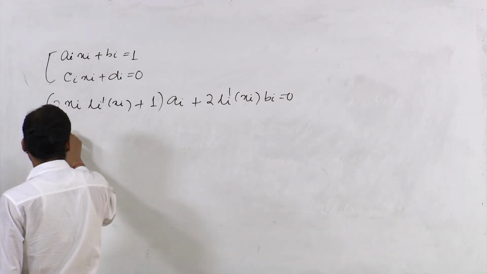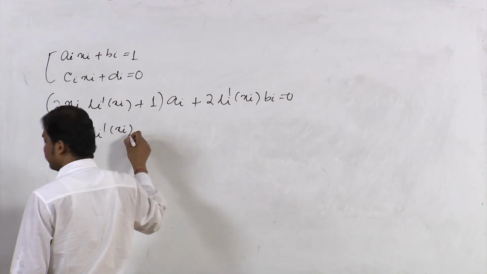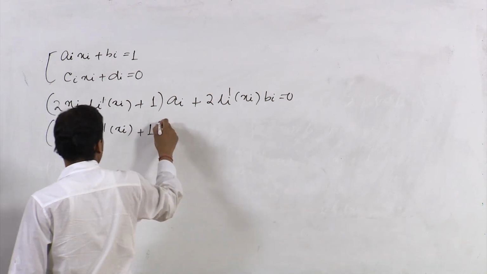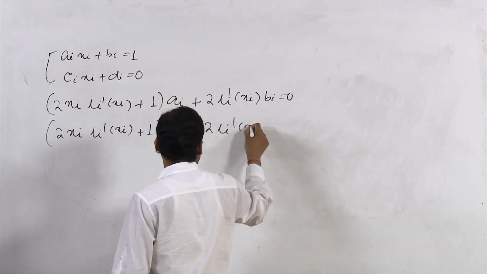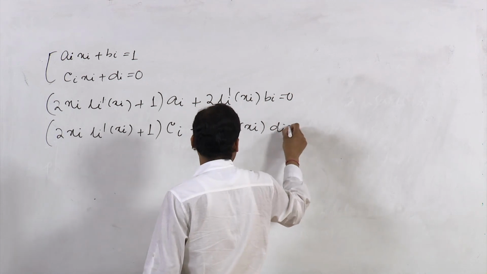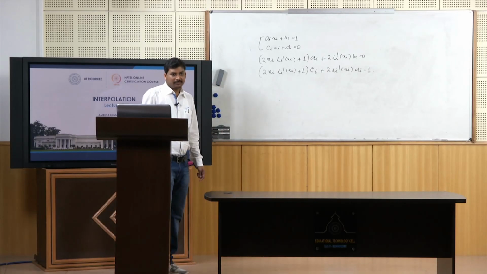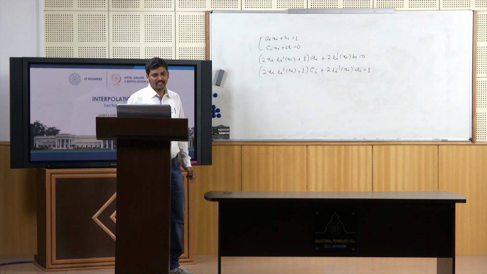Similarly, we can just get 2xi li dash of xi plus 1 into ci plus 2 li dash of xi into di, this equals to 1 here. Since now we have like 4 equations with 4 unknowns, so easily we can obtain these coefficients here.